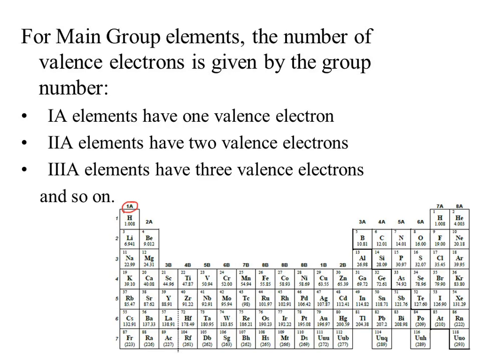So 1A, the group number is 1, so that has 1 valence electron. 2A, 2 valence electrons. We skip over here, 3A, 3 valence electrons, 4 valence electrons. You get the idea. Okay, those are valence electrons.